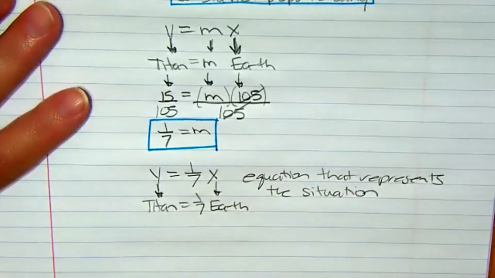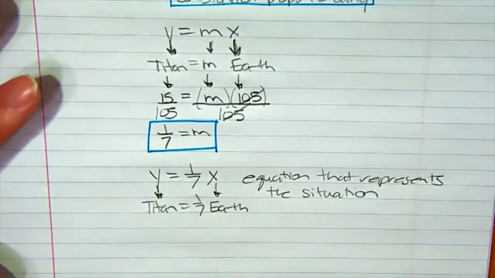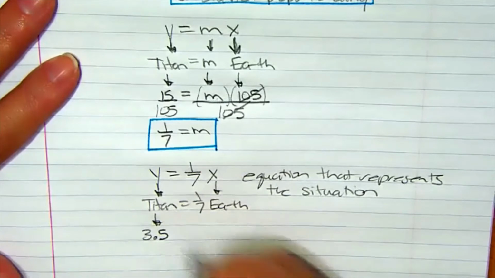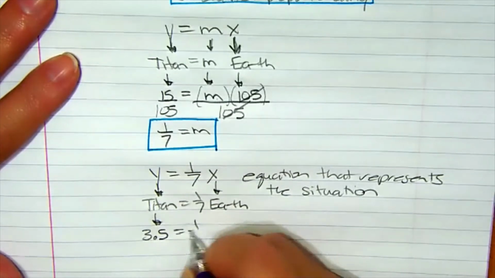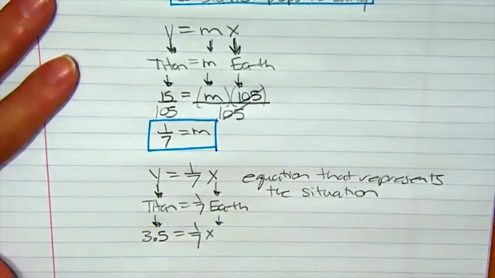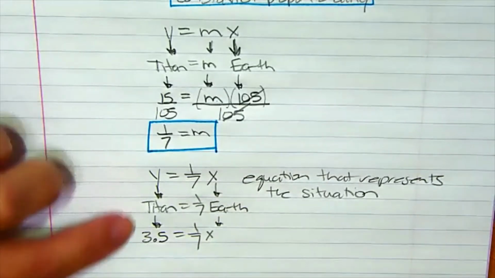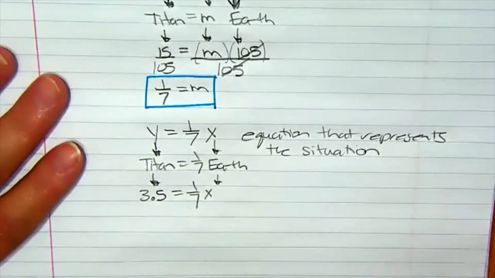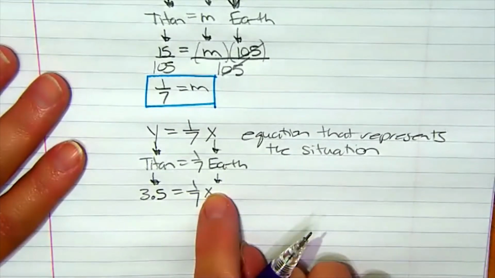Everything else comes down. The problem is telling me we have a chunk of ice that weighs 3.5 pounds on Titan. How much would it weigh on Earth? We're just substituting. We're plugging in the information that they give us.